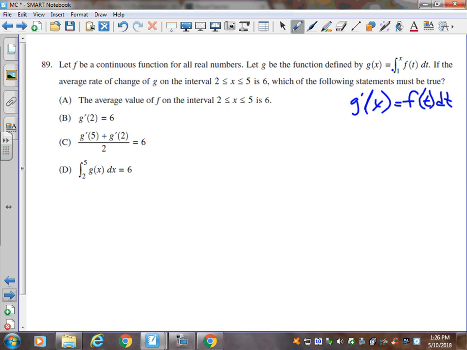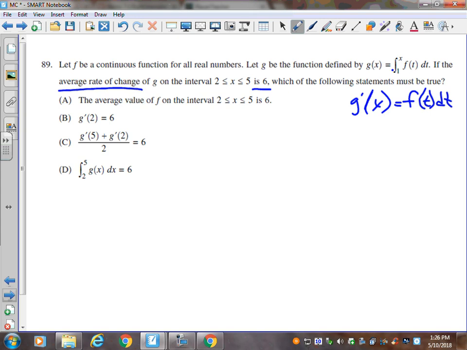Now, it also talks about average rate of change. And it tells us that the average rate of change is equal to 6. So, well, they basically made them all equal to 6, so at least we know that we're on the right track there. We just have to figure out which one of these statements is correct. Now, isn't average rate of change something that we typically talked about with integration, at least average was?